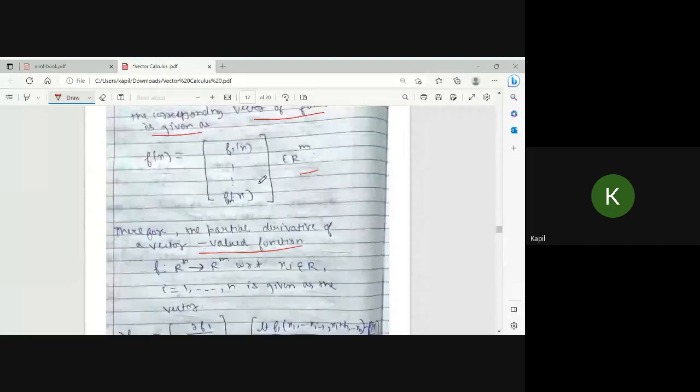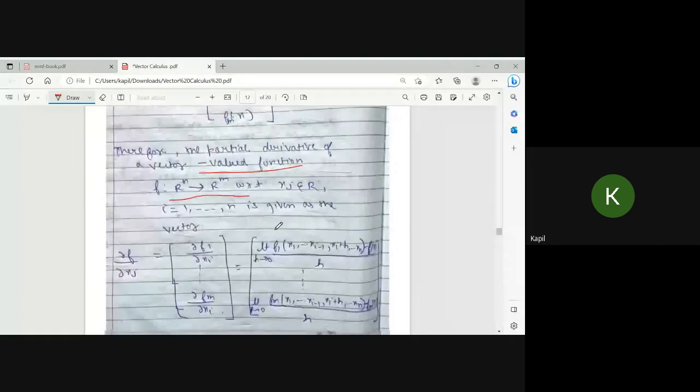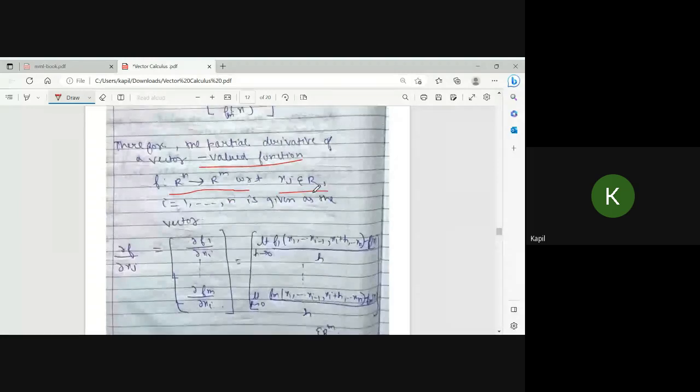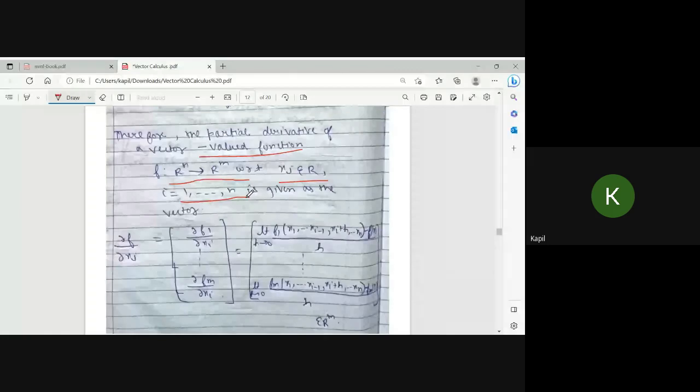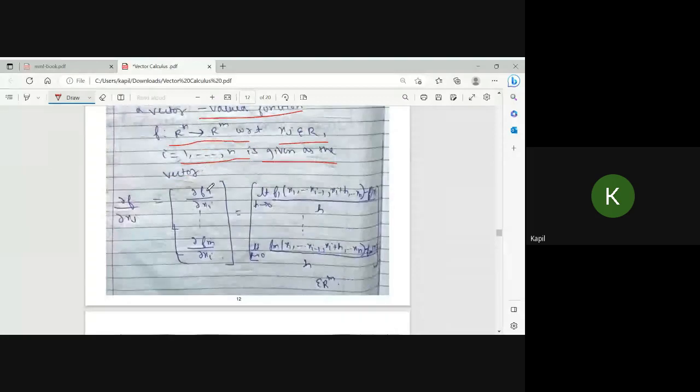So we are taking partial derivatives of this function from R to the power n to R to the power m with respect to each xi, where xi is each variable of the domain and i goes from 1 to n, because n is our dimension. It is given as del f upon del xi, which equals del f1 upon del xi up to del fm upon del xi, because in this case we have f1 to fm, an m dimensional function f. So we have to differentiate each with respect to xi, and this will give us del f upon del xi.